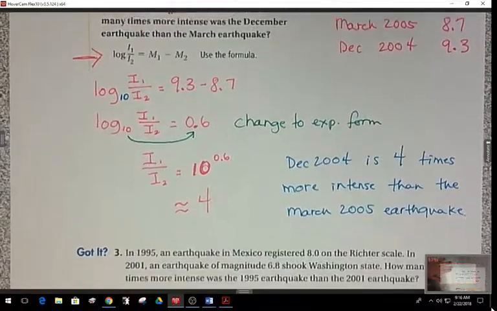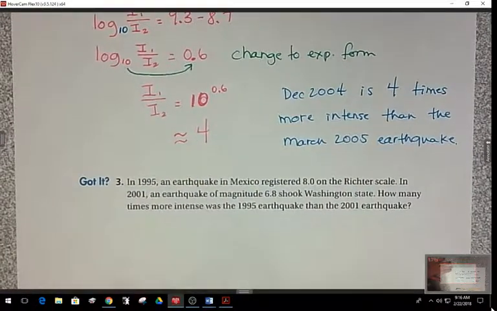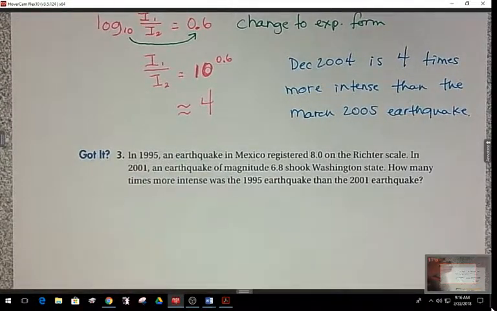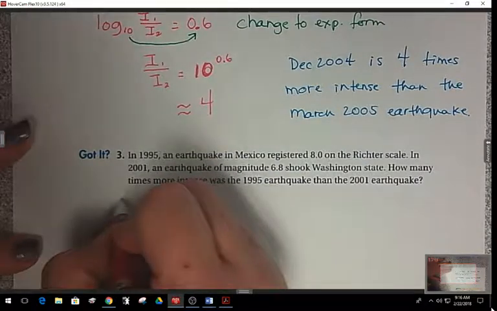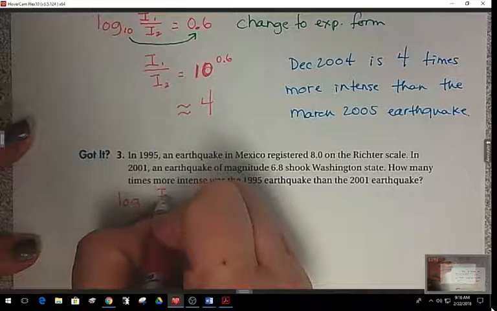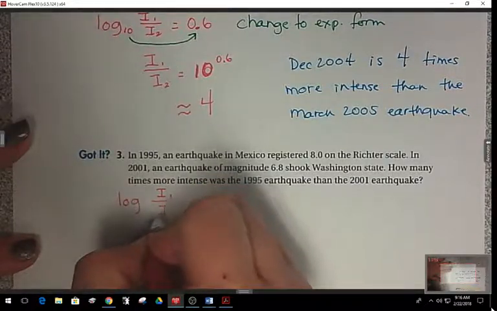So now what we're going to do is go down here to the got it question and let you try one. We're going to use the exact same formula we did in the last one, because this is the formula that compares the intensities of one earthquake to another.